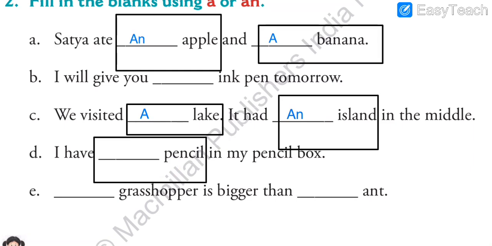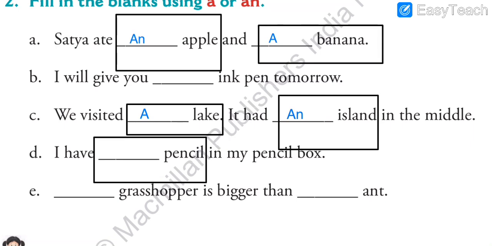So P is a vowel, right? P is a vowel, right? Yes or no? No. For those who were shouting yes, no, P is not a vowel. P is a consonant. I hope you remember consonant. Other than the alphabets A, E, I, O, U, all the other alphabets are consonants. Yes?